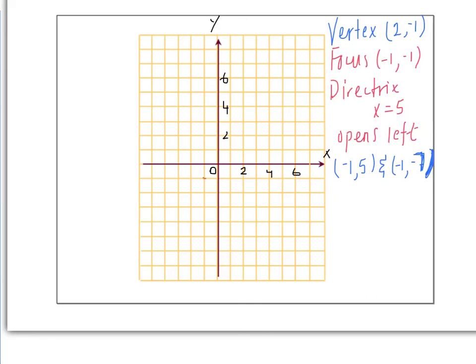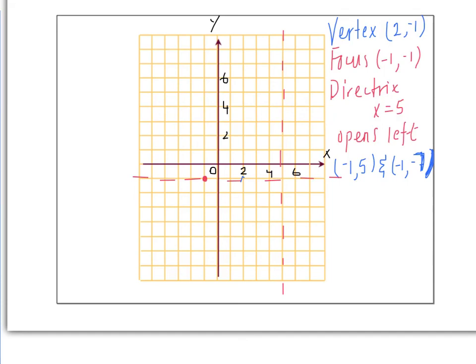Our directrix is the line x equals 5. And I'll put this in as a dotted line so that we recognize that the line itself is not part of the parabola. We also know that the axis of symmetry is the line y equals -1, which helps us out because then we know that the vertex is on that axis of symmetry at (2, -1).